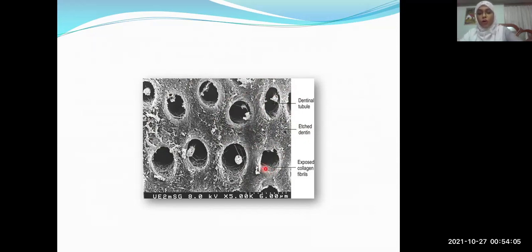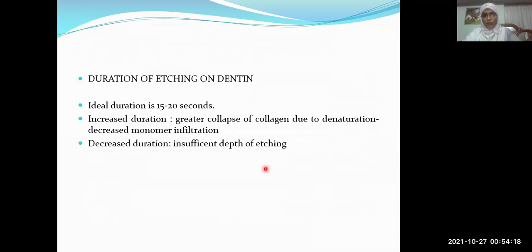So when you talk about dentin, it has to occur in stages. You first create microporosities, then you condition the dentin, and only then will bonding occur. And how long can you etch? Similar to enamel etching, the ideal duration is 15 to 20 seconds. You can't go for more.